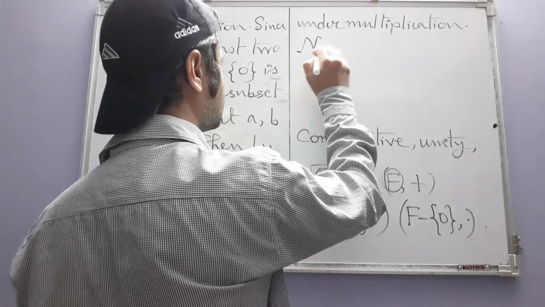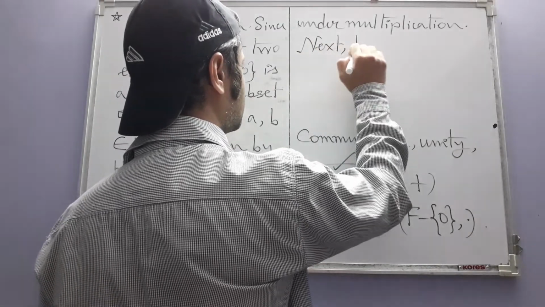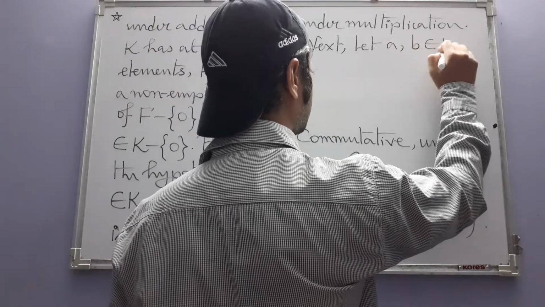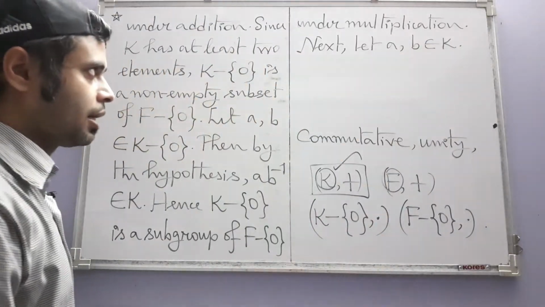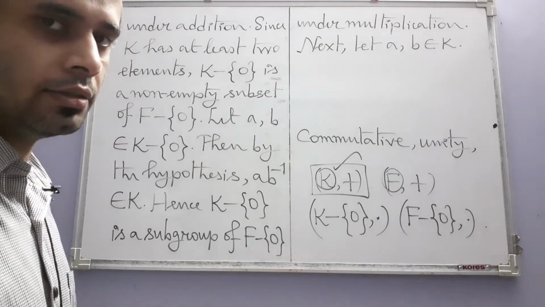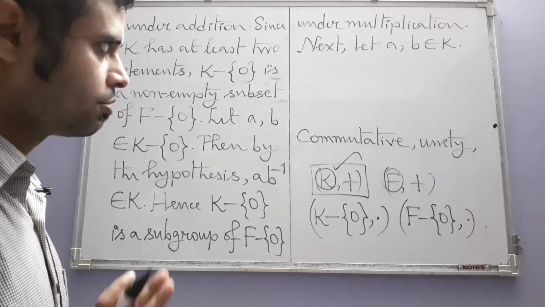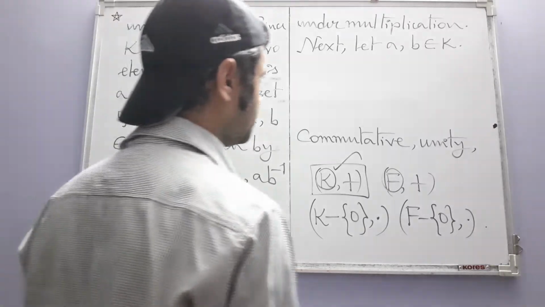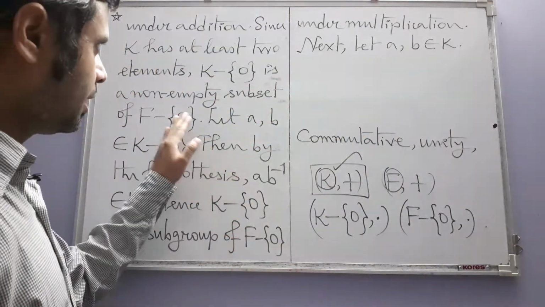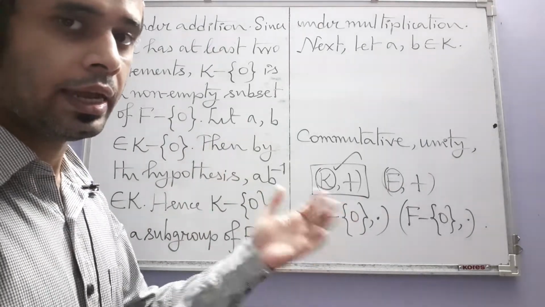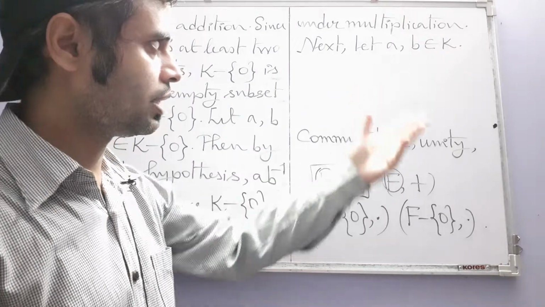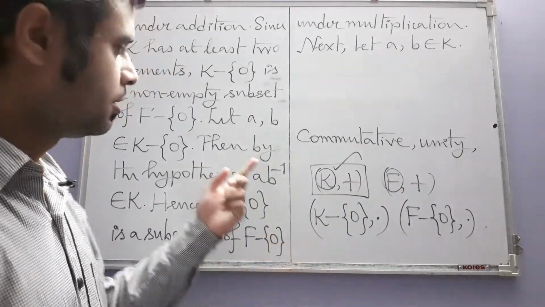Next, let A and B belong to K. So now our aim is to show that K is first of all a ring under these operations. You may have observed that we are again and again taking A and B in K. You should understand that these are just general variable elements.